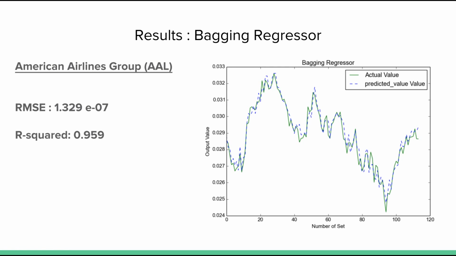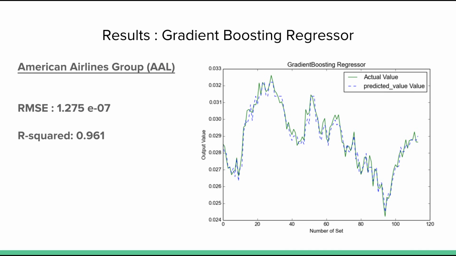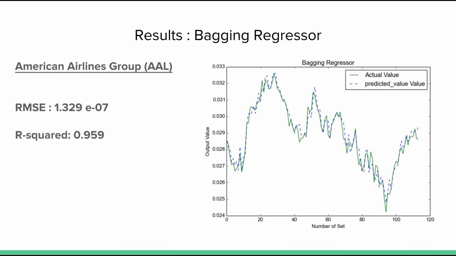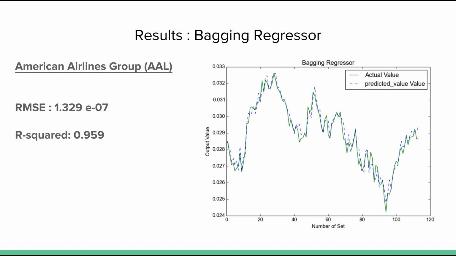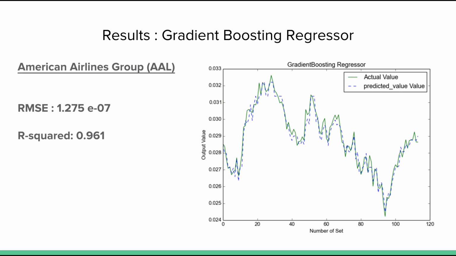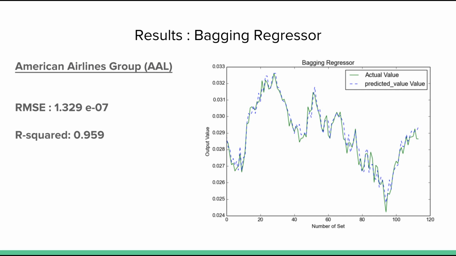Then we have a look at bagging regressors. In this case also, similar results have been found. For the bagging regressor, we find the R-square and the RMSE values to be a little inferior in comparison to the gradient boosting regressors, because the R-square value is a little less than that of gradient boosting, with the RMSE value being a little larger.